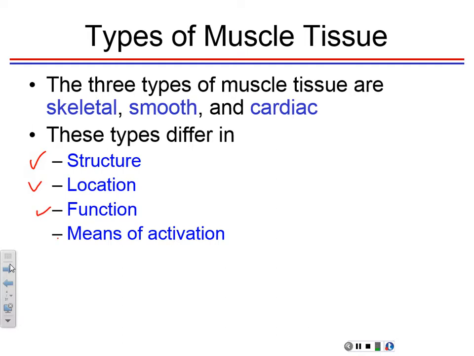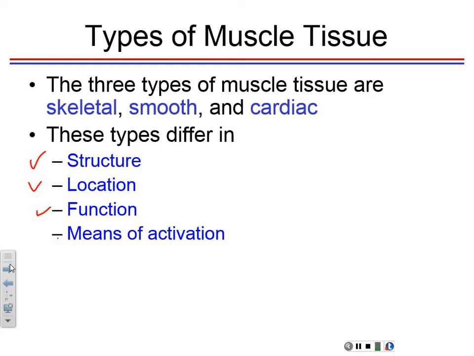Okay, and then means of activation. We talked a little bit about it, saying that skeletal muscle is for the most part voluntarily controlled, with a few instances when it's involuntarily controlled. The other two, cardiac and smooth, are involuntarily controlled. Also, smooth muscle and cardiac muscle will respond to hormones, which skeletal muscle doesn't, because hormones can regulate heart rate and your smooth muscle.